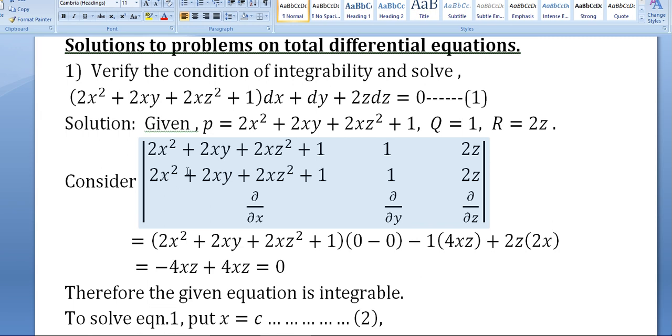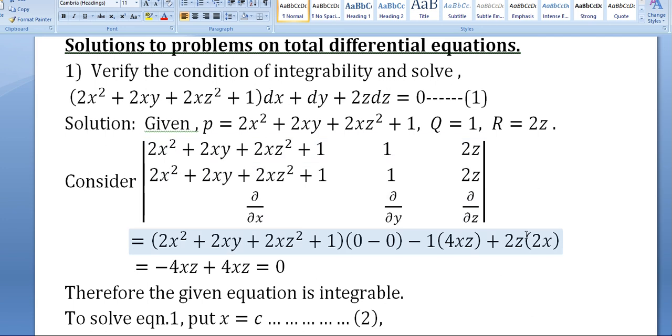So differentiation of 2x² with respect to y is 0, plus differentiation of 2xy with respect to y will become 2x, and differentiation of 2xz² + 1 with respect to y also will be 0. So first term is 0 already, minus 4xz plus 4xz, this is also equal to 0. Therefore, the given equation is integrable.